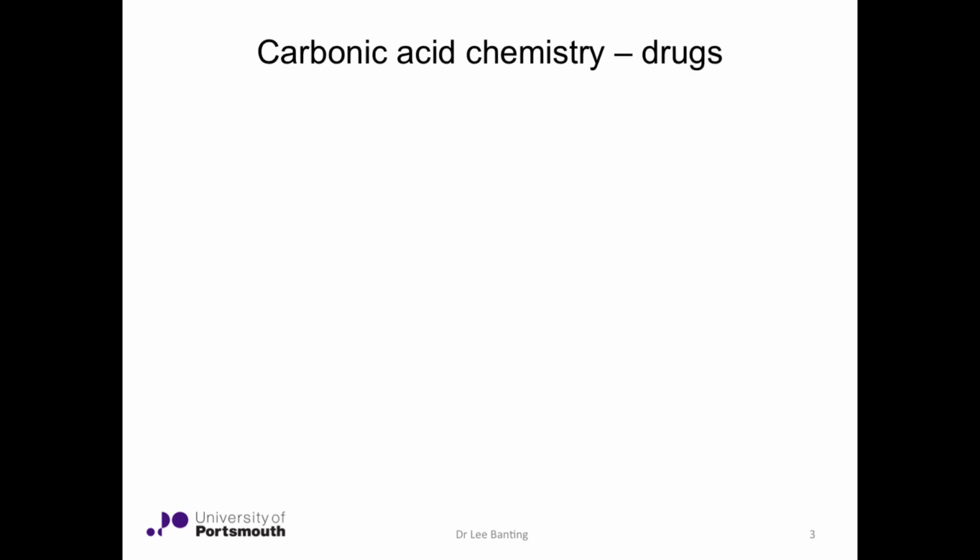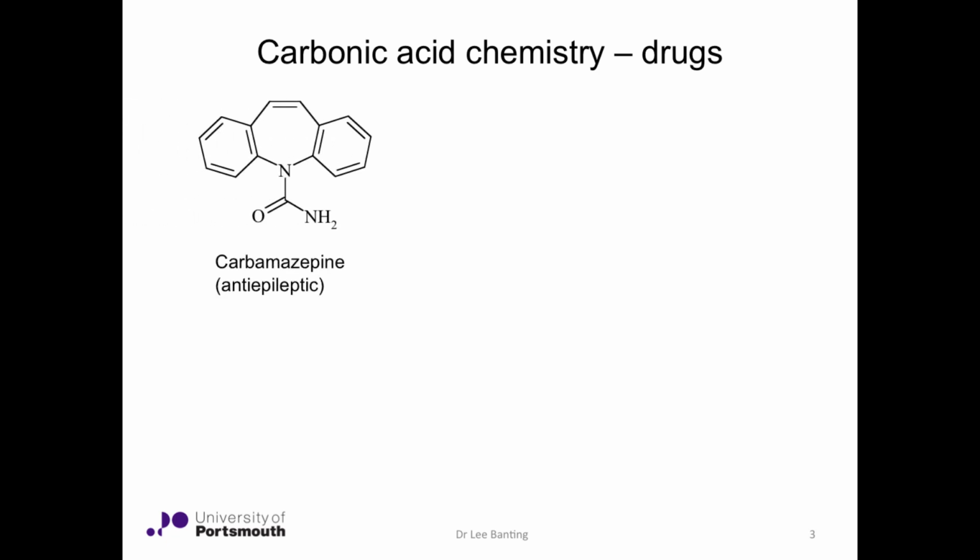Carbonic acid chemistry drugs, just to put the functional groups into context. This is carbamazepine, which is an anti-epileptic drug, and in carbamazepine we have a urea functionality appended to a heterocyclic system, and a heterocyclic system, you'll remember, is a cyclic carbon system where at least one of the carbons has been converted into a non-carbon atom.